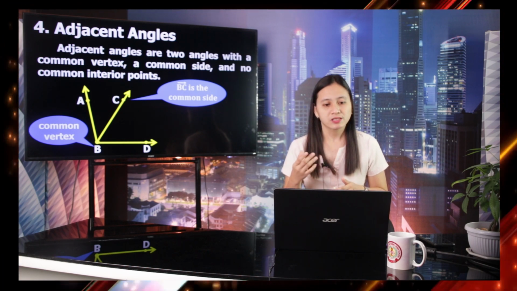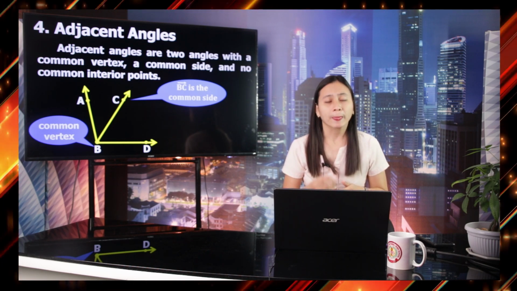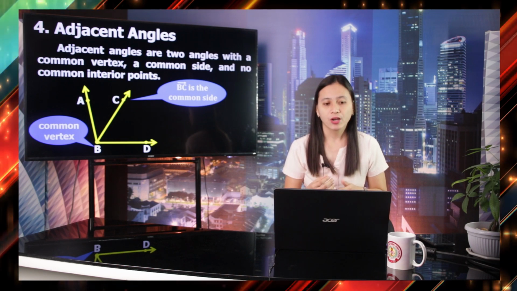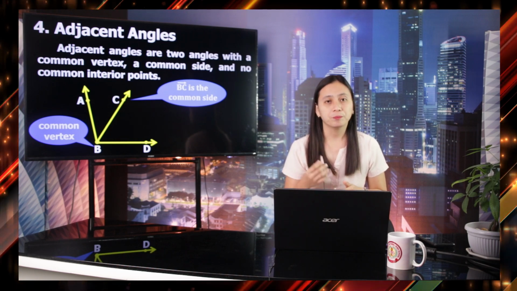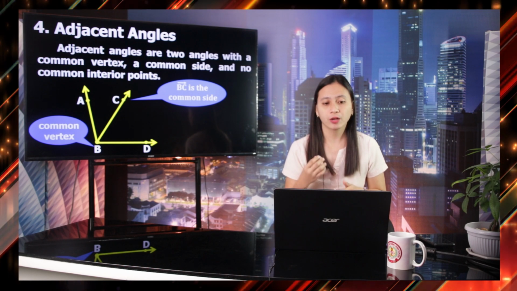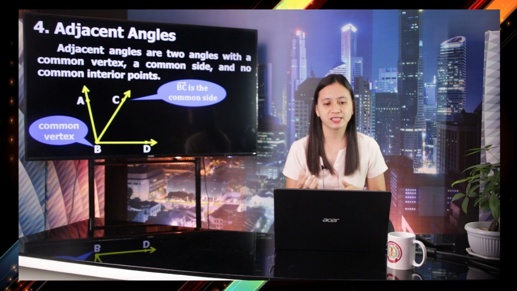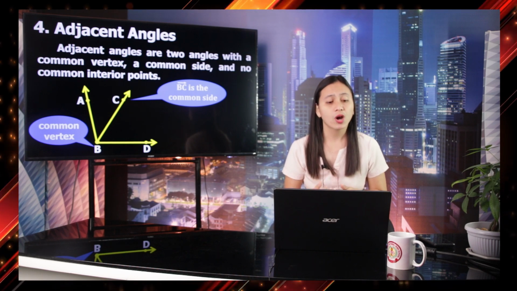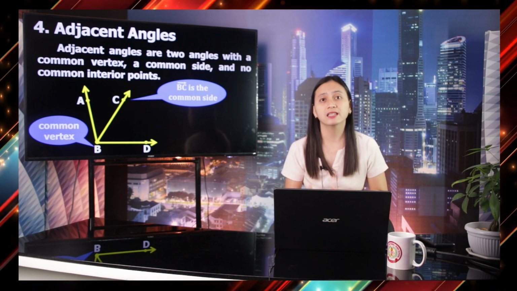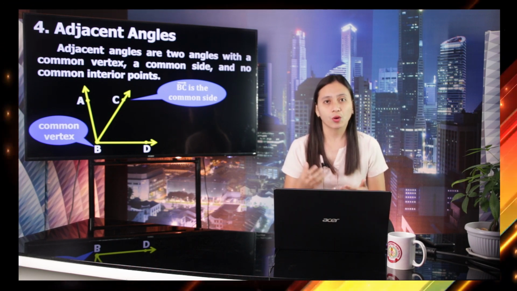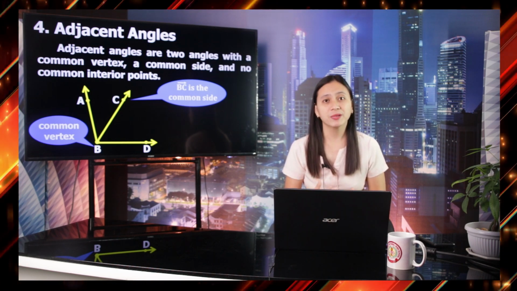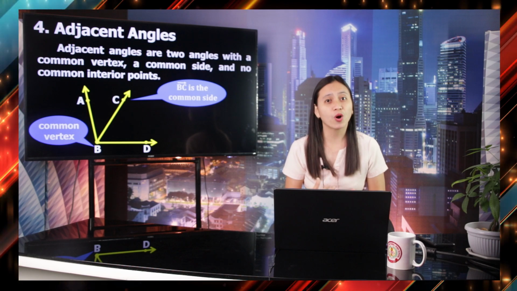Now, in the second angle, angle CBD, we have ray BC as one of its sides. And also, we have ray BD as its other side. So, clearly, ray BC is our common side.